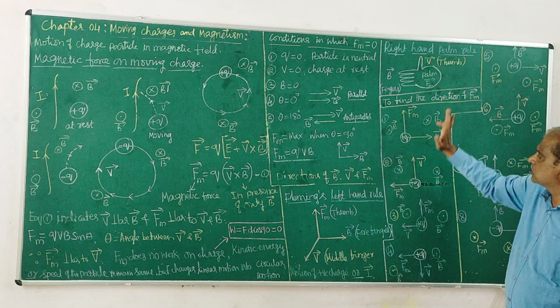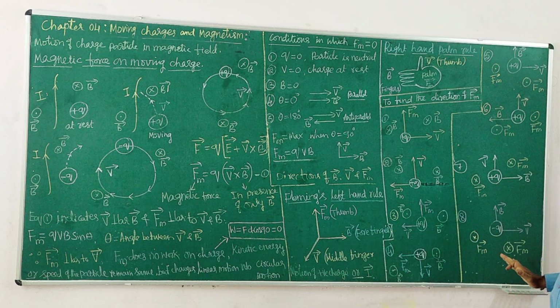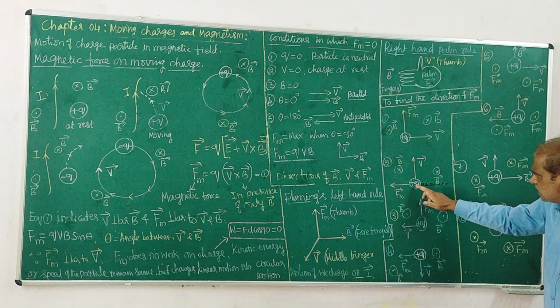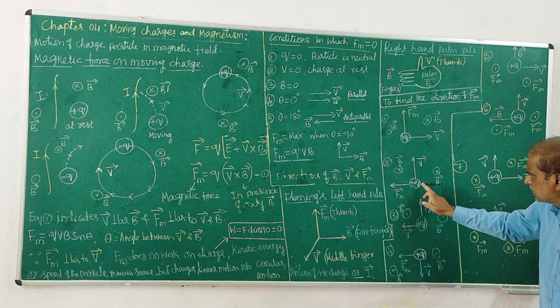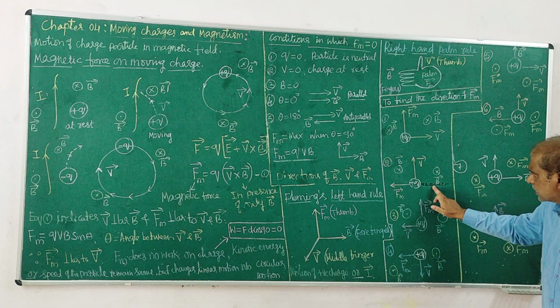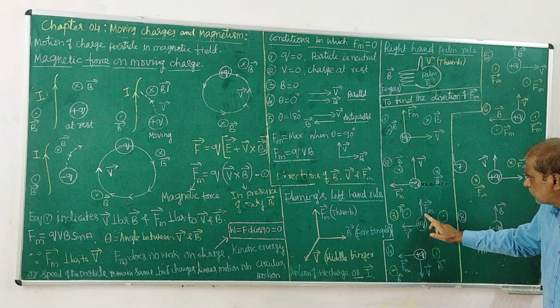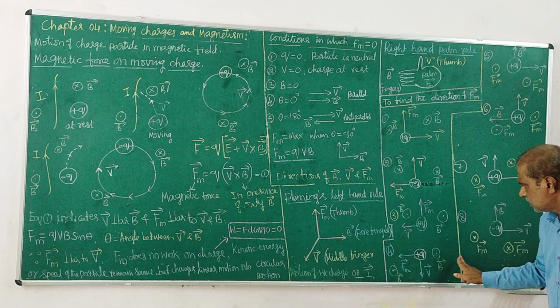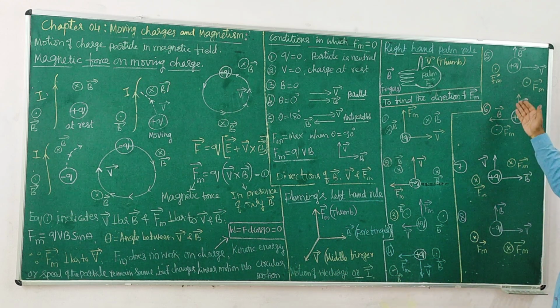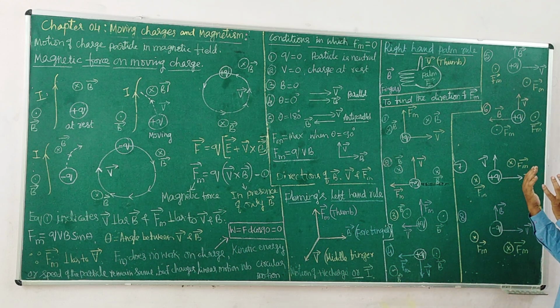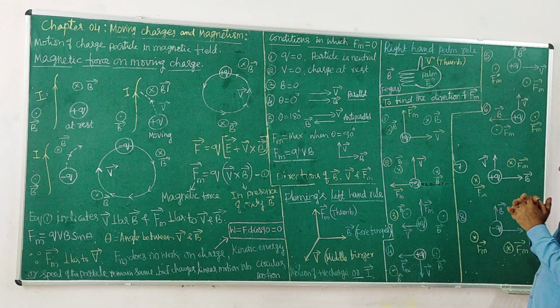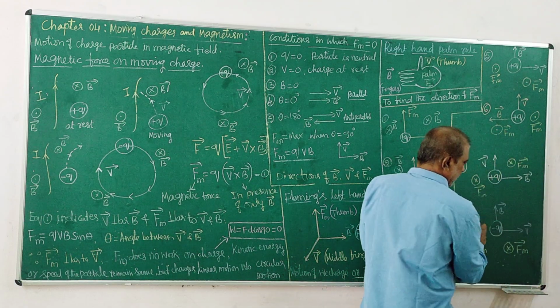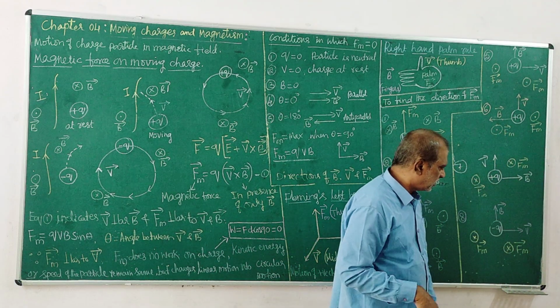So the rule is set for positive charge. If it is negative, the force direction reverses in the opposite direction like this. If this is negative, the force instead of this is downward here. You have the direction inverted if the charge changes. So that is the one example I have given here using the force only.